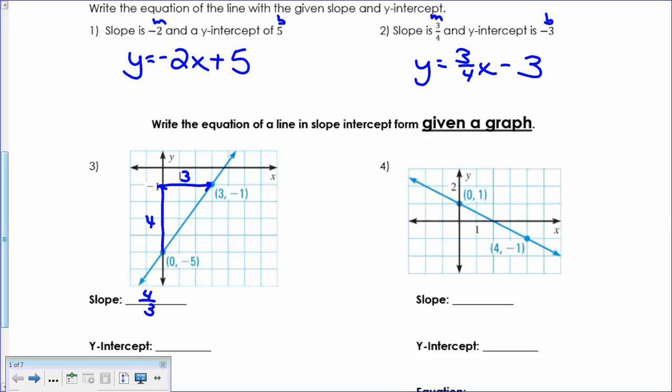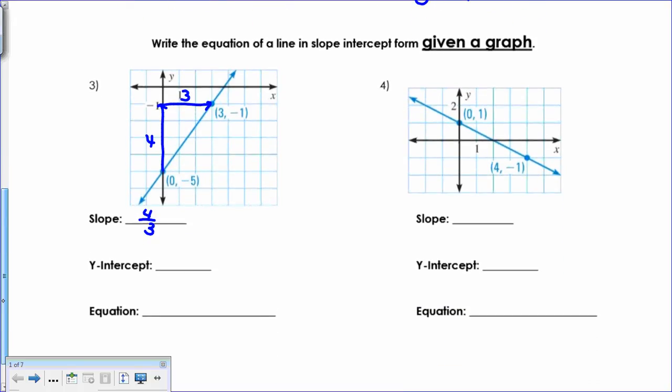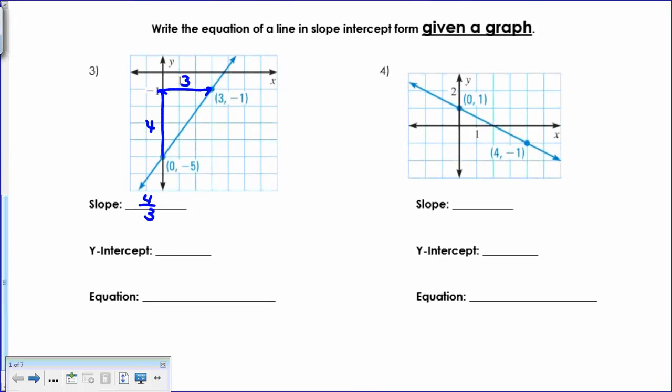All right. Now, what is our y-intercept here? Remember, this is the y-axis. So if that's the y-axis, what is the point that crosses or touches it? The intersection point. That's why they call it the y-intercept.